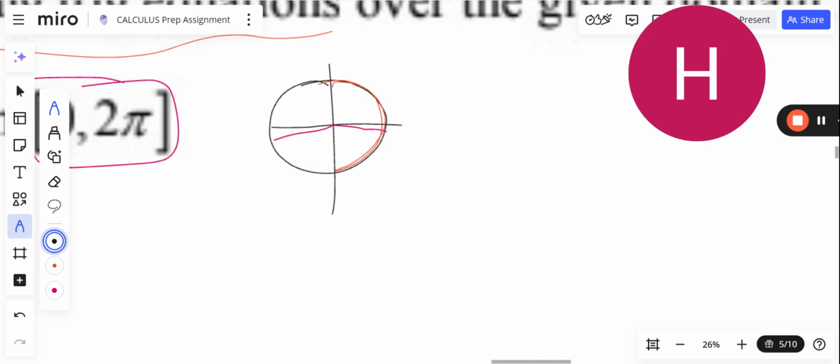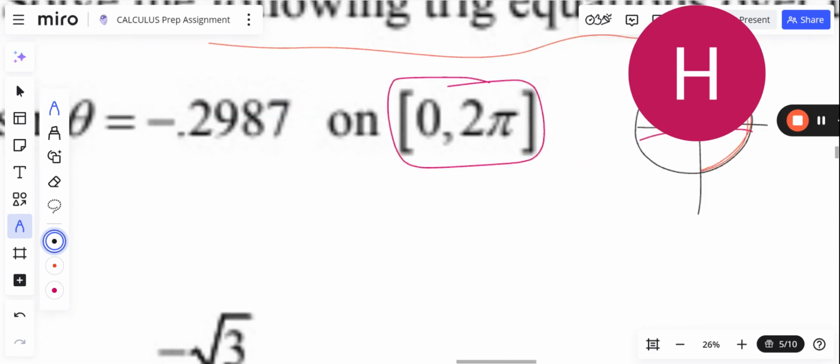Go ahead and use your calculator for this one problem, since these values are not clearly on the unit circle. We're going to do the sine inverse with negative 0.2987. Again, we're going to want our answer in radians, so we're not going to get any pi involved.